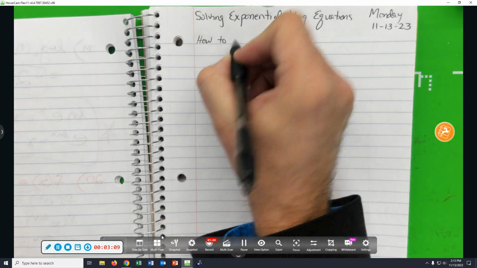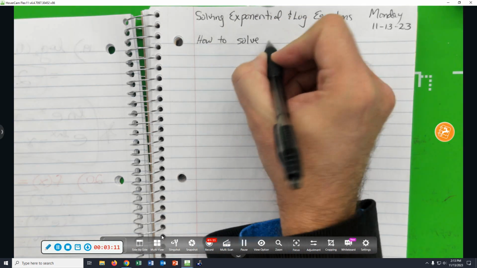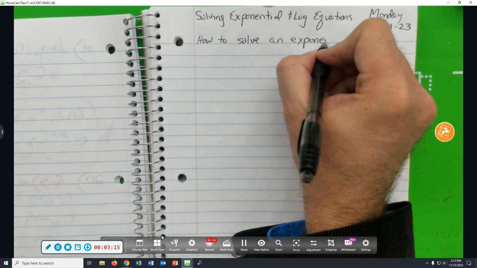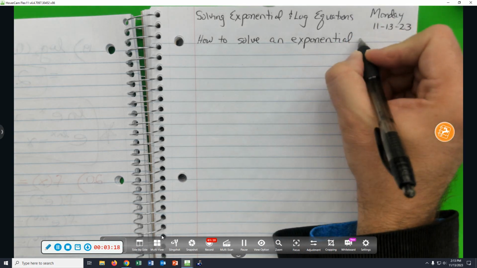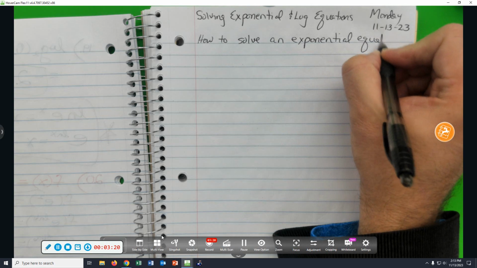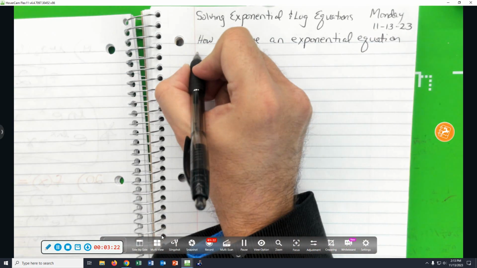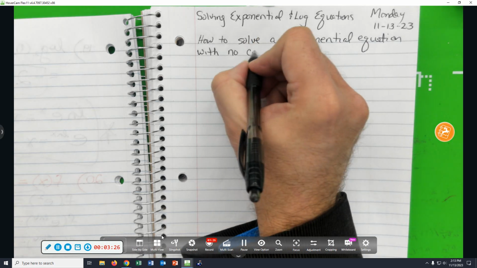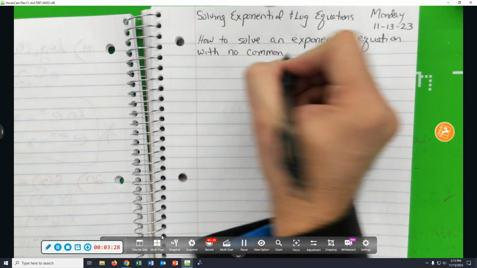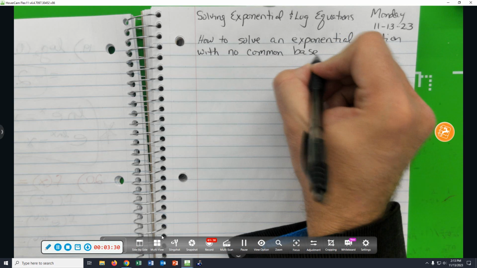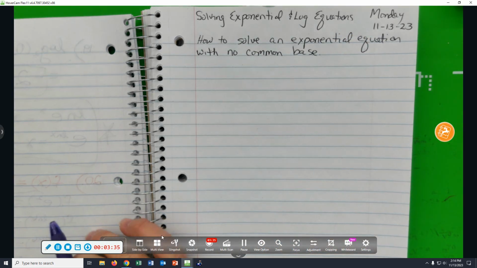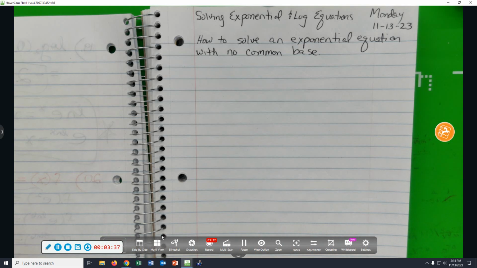How to solve an exponential equation with no common base. Well, the key is we're going to have to get that variable out of the exponent.